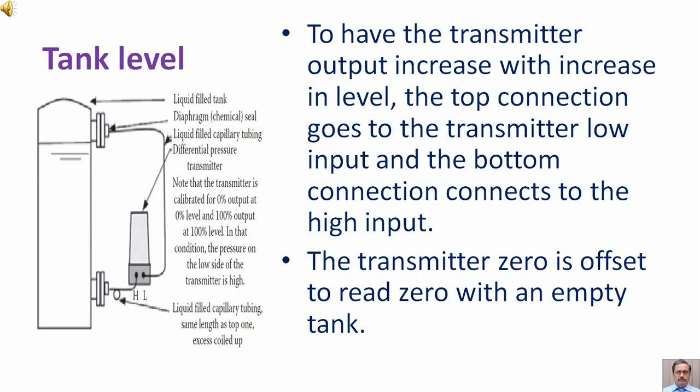To have the transmitter output increase with increase in level, the top connection goes to the transmitter low input and the bottom connection connects to the high input. The transmitter 0 is offset to read 0 with an empty tank.